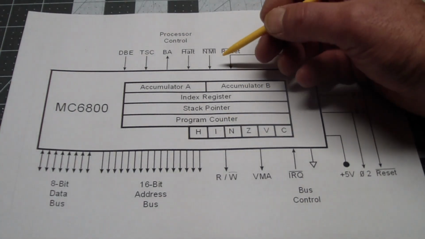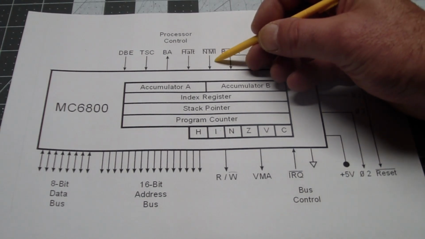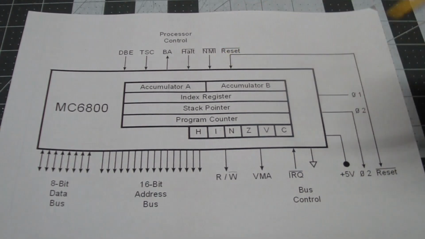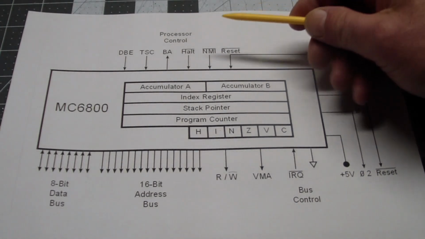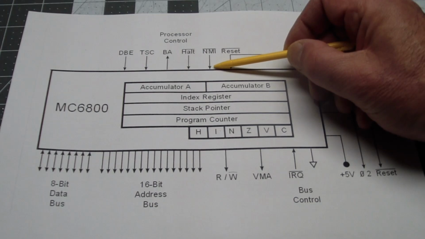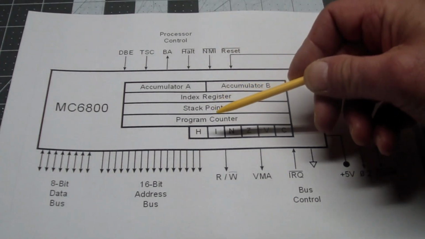The other interrupt, the NMI, is the non-maskable interrupt, and that's usually for really high priority stuff. You have a big red button on your hardware, and when you hit that, everything stops because somebody's finger is about to be cut off. You pull the NMI input low, it cannot be masked.